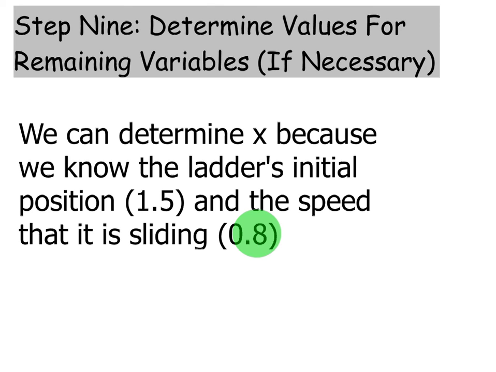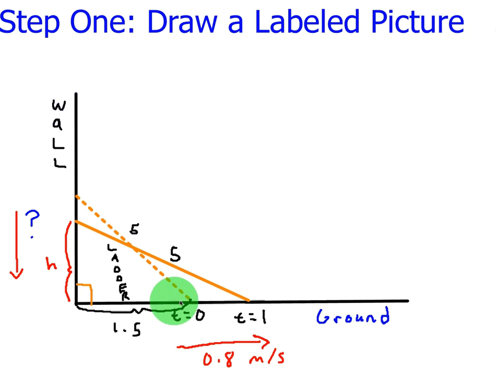Let me give you some visual perspective on that. If the ladder is initially 1.5 meters from the wall, and we know it's traveling 0.8 meters per second, then after 1 second, it's going to be 0.8 meters more than that. So right off the bat, 1.5 plus 0.8 is 2.3, which will be x, the distance away from the wall.